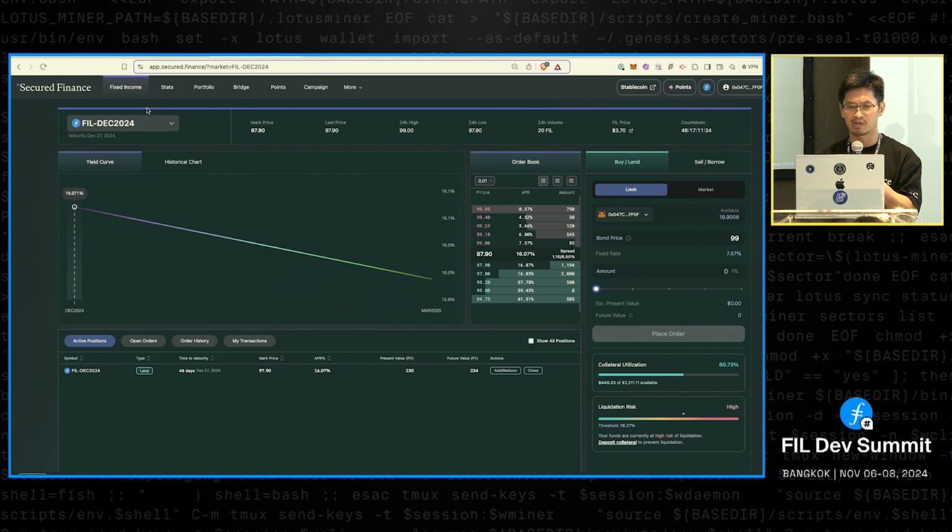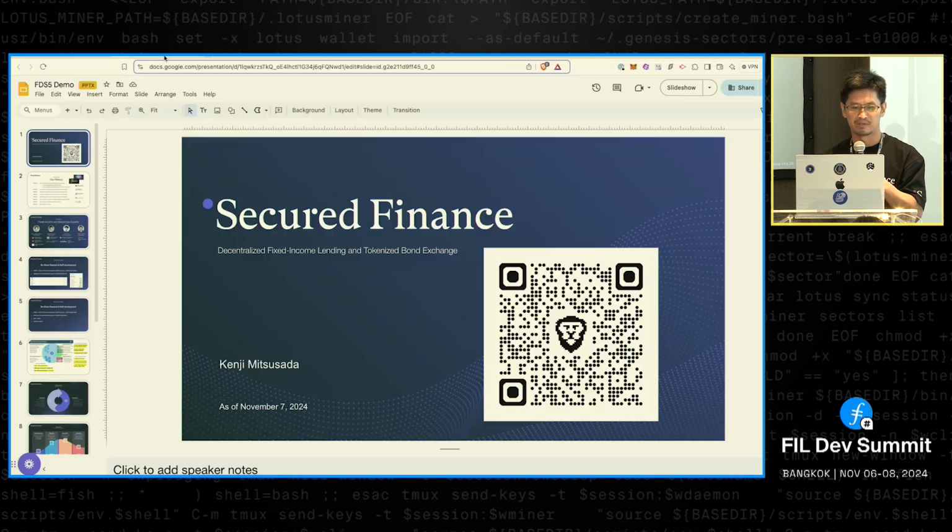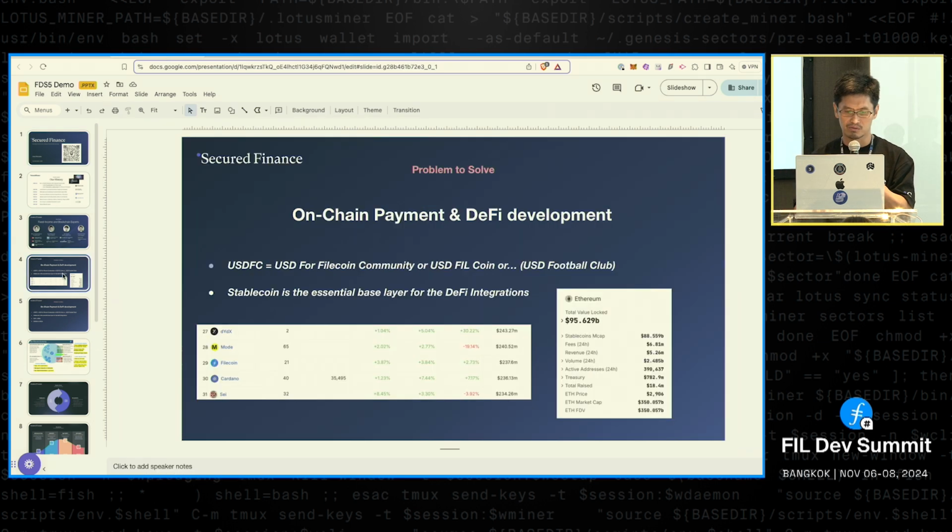So what we are providing is basically payment as a stablecoin. And in addition to that, we would like to emphasize what we can bring to the Filecoin ecosystem, which is the expansion of DeFi. Do you know where the Filecoin network stands on DeFi Llama currently?